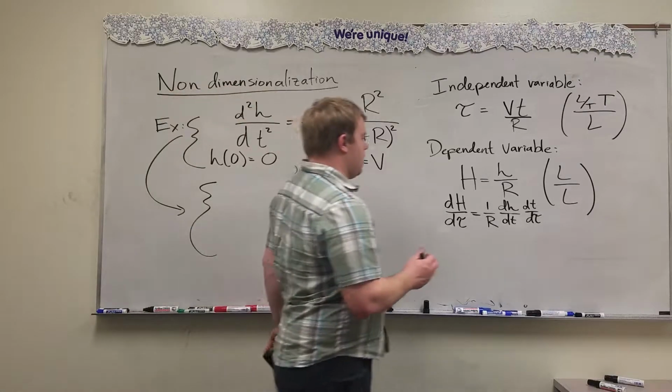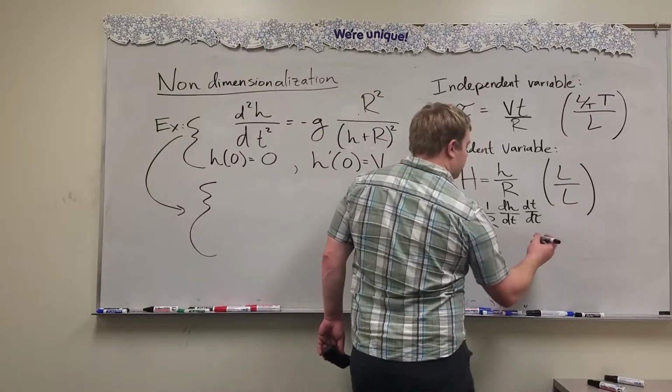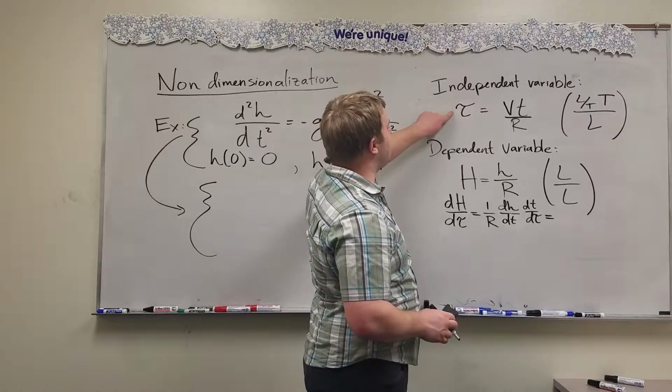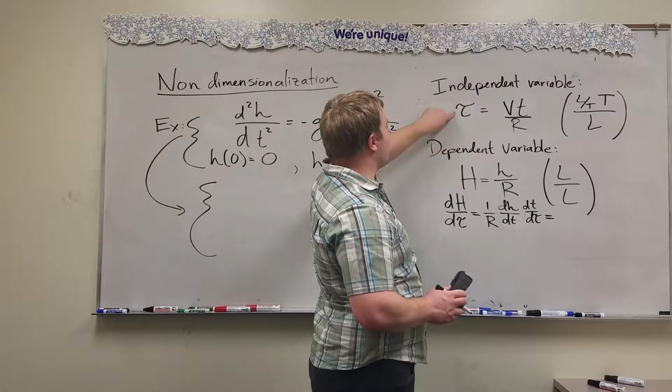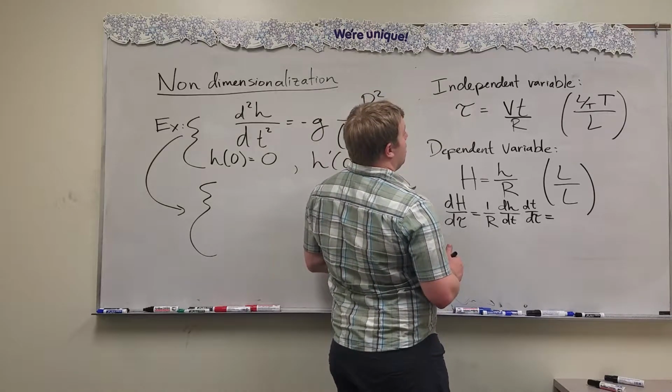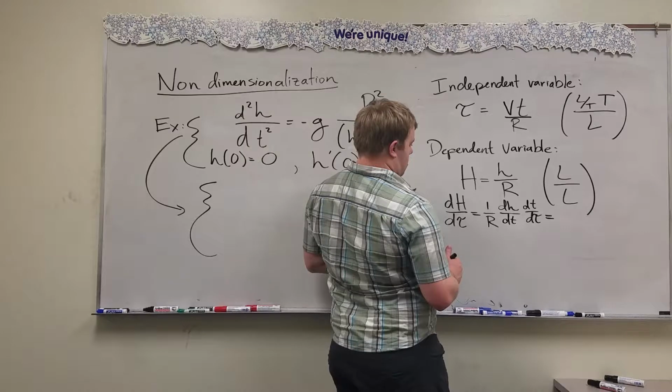And that means that, looking at my definition of tau, t equals r over v times tau, so dt d tau is r over v.